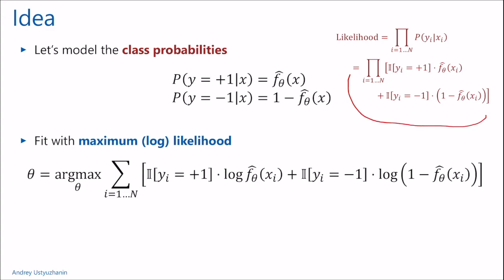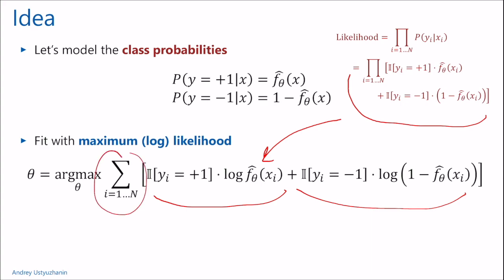And in this case, it can be expanded into sum of two components. The first component is when we have a positive label, and in that case we're interested in logarithm of f theta hat of x_i.